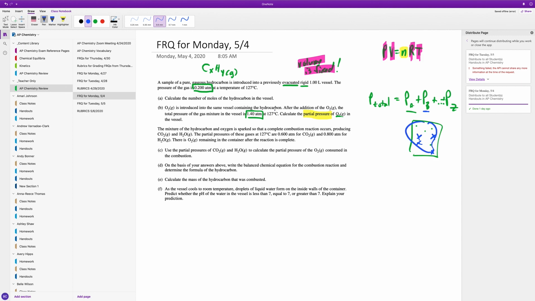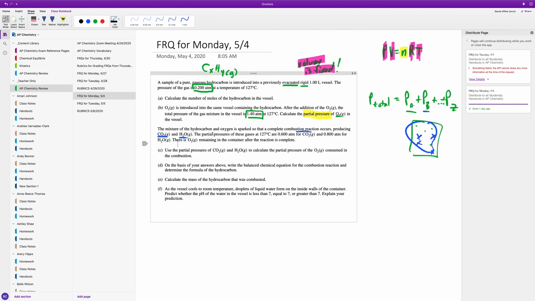The mixture of the hydrocarbon and oxygen is sparked so that a combustion reaction occurs, and it produces carbon dioxide and water. In a combustion reaction, normally that's going to go to completion. That doesn't mean you have a stoichiometric amount of your reactants, but something is going to run out.